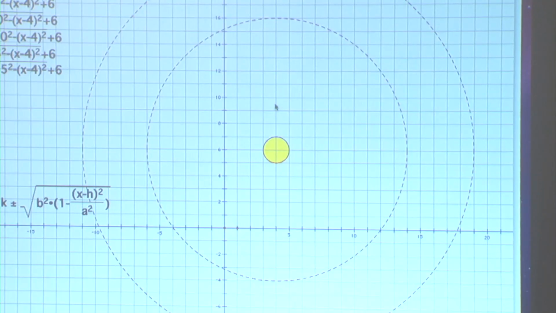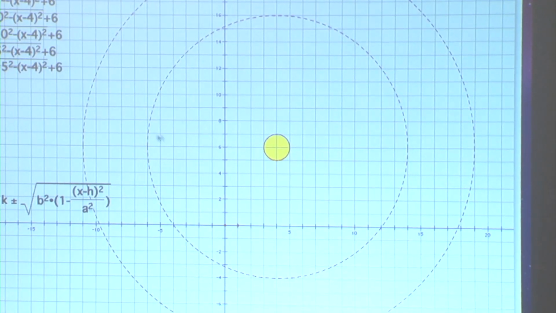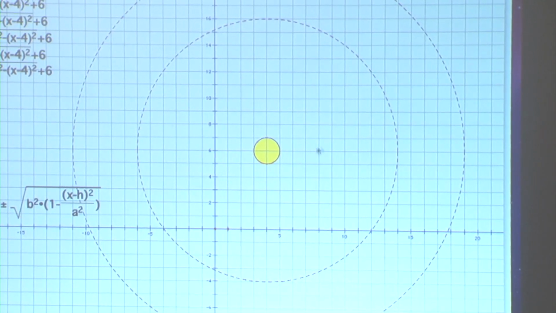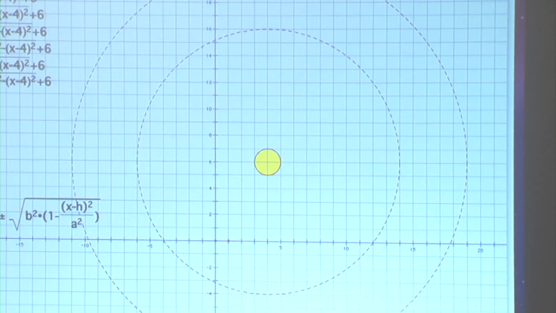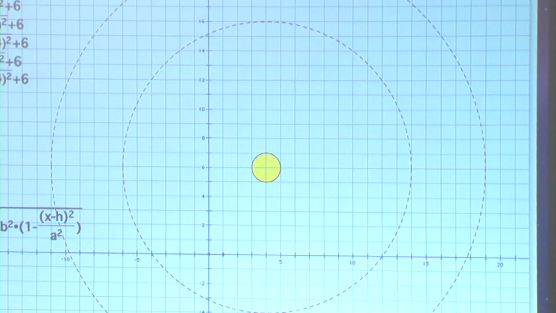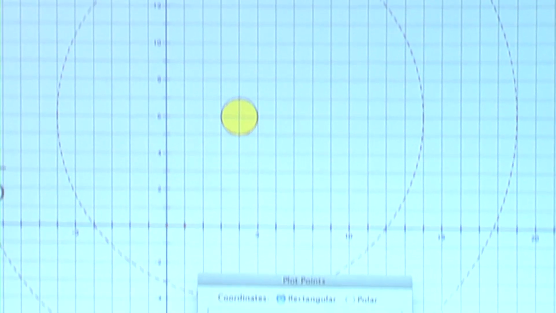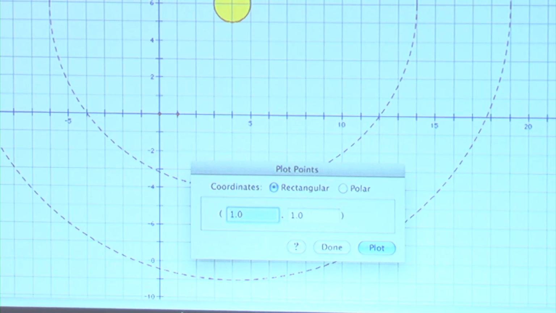Okay? So when I look at this, if here's my star, if I want a horizontal ellipse, I'm going to pick a point. I can either pick it over here or over here, wherever I want. I'm going to pick a point, and just to show you how it might work if you're doing it, I'm going to have you make up a point. So make up some point. 10, 10.